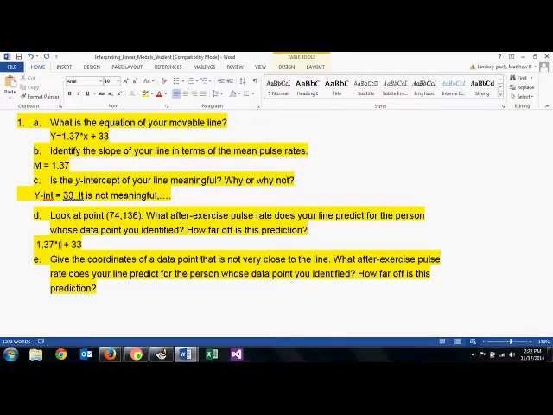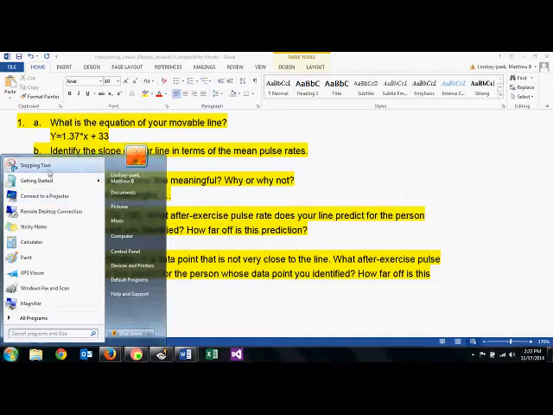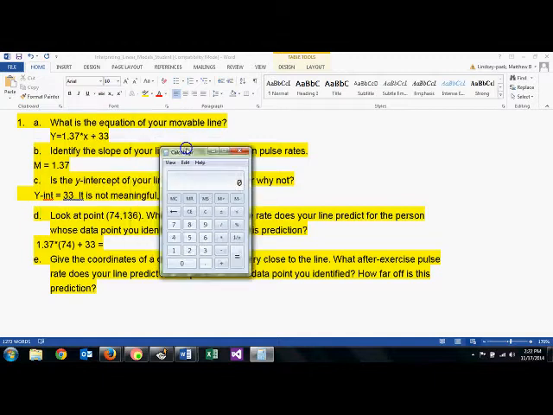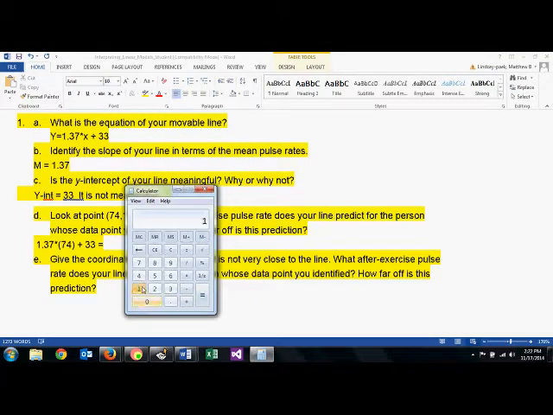So I'm curious when I do this math, 1.37 times 74 plus 33, does it give me 136? I'm going to just have to calculate that. So let's get out my calculator. Here's a calculator. Let me move it over so you can see what I'm doing. 1.37, my slope, times the beats per minute before exercise, 74, I get 101.